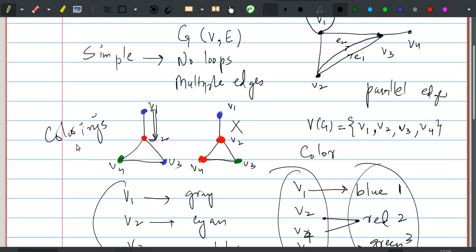The minimum number of colors required to color the vertices of a graph is called the chromatic number.